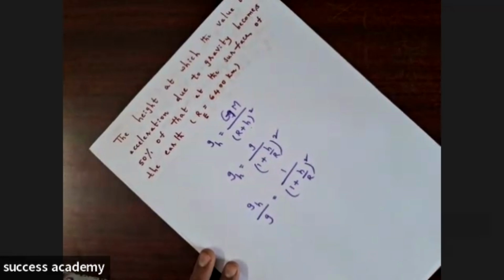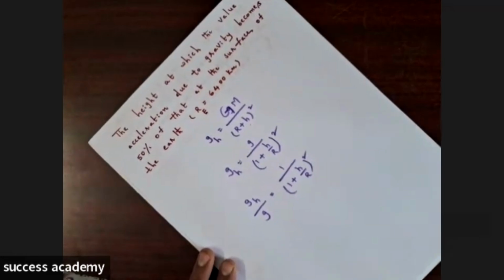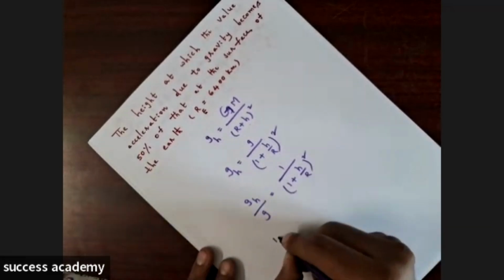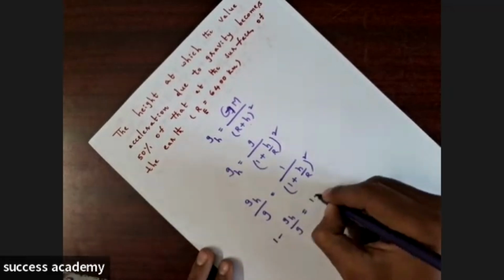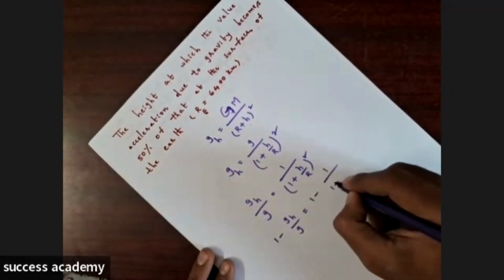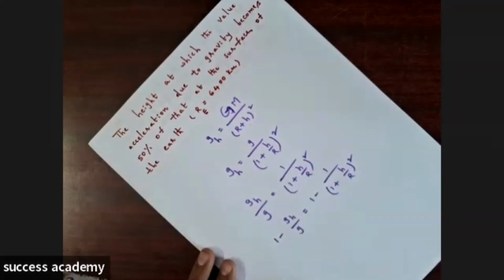Now if we go on increasing the height, what happens to the acceleration due to gravity? Decreases. Again, on both sides I am taking 1 minus gh by g, and here also 1 minus 1 by (1 plus h by R) whole square.